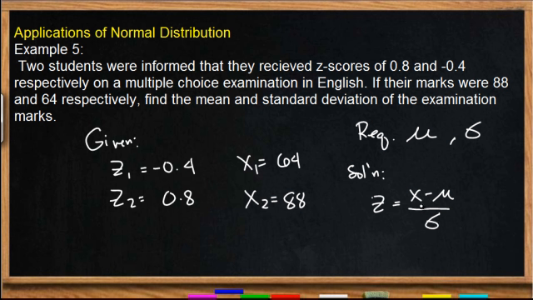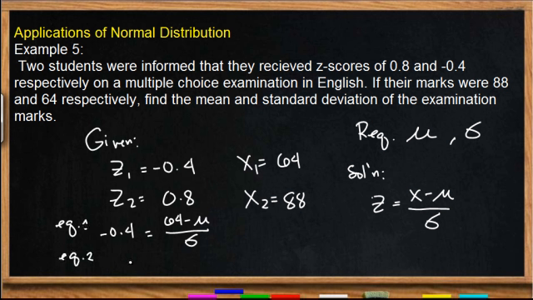Ang value sa X, of course, variable man siya, maglain-lain siya, also with the Z. So, sa first, Z is negative 0.4. Equation 1: Z is negative 0.4 equal to X is 64 minus mu over sigma.